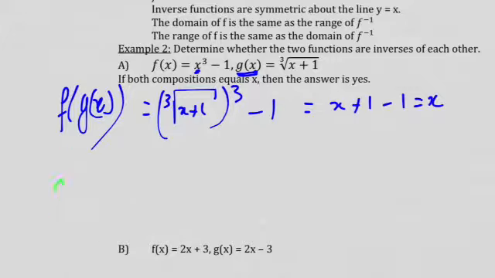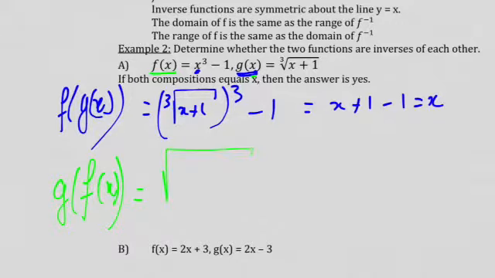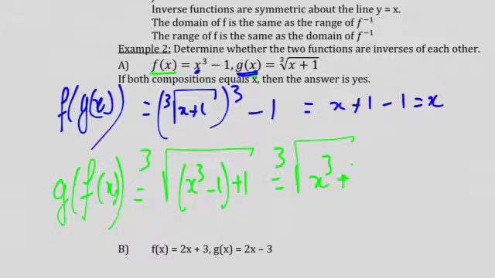So g of f of x equals, and now I'm going to substitute inside g the x by the f of x, and so I'm going to have the cubic root of x cubed minus 1 plus 1, and that is going to be the cubic root of x cubed, which is going to be x. So yes, they are inverse to each other.